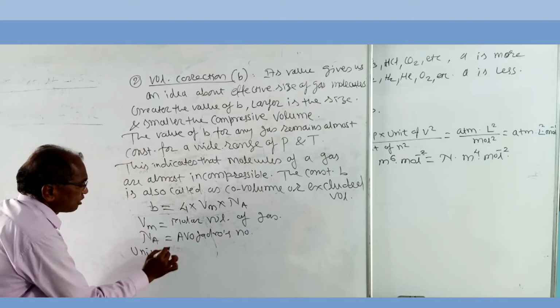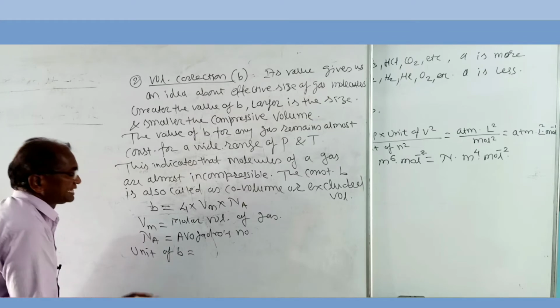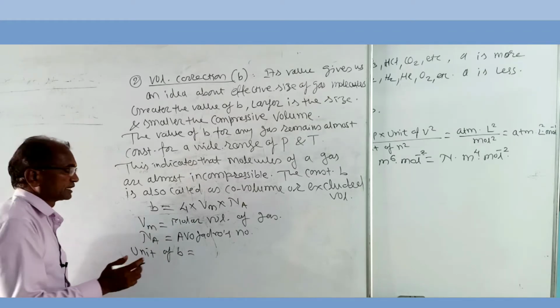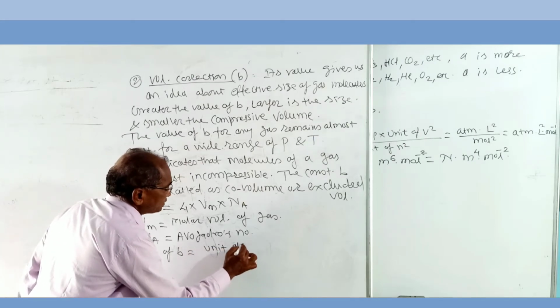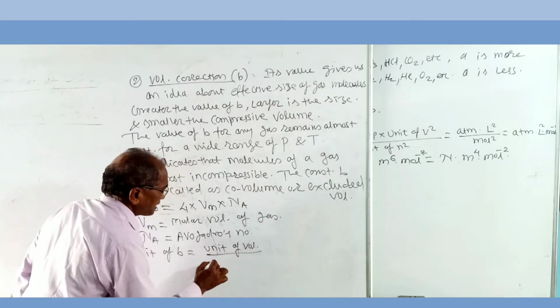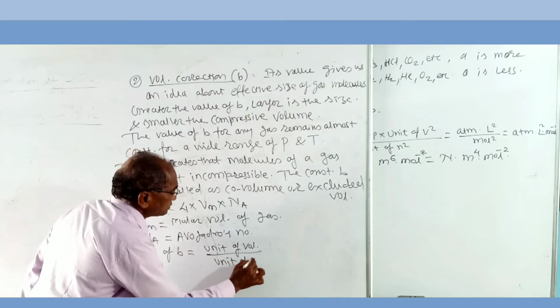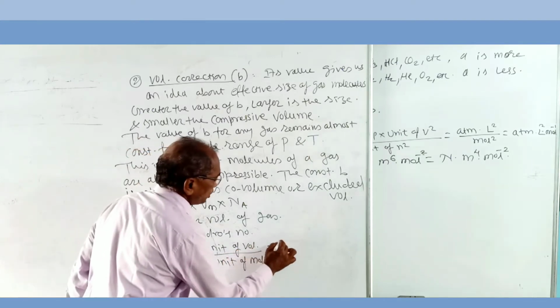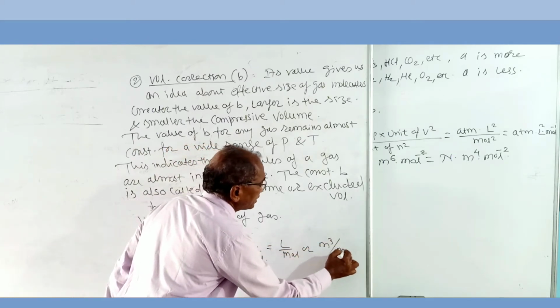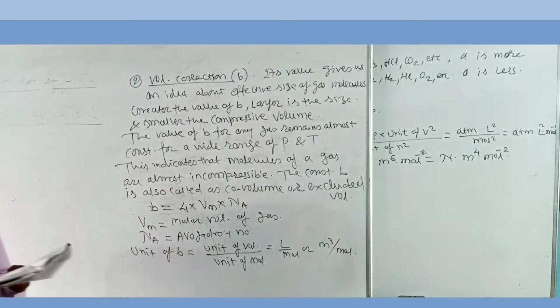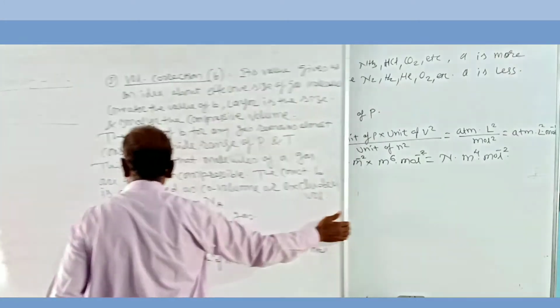The unit of b is the unit of volume divided by the unit of mole, that is volume per mole: liter per mole or meter cube per mole. Liter per mole is the CGS unit and meter cube per mole is the SI unit.